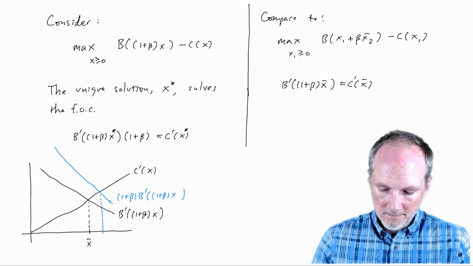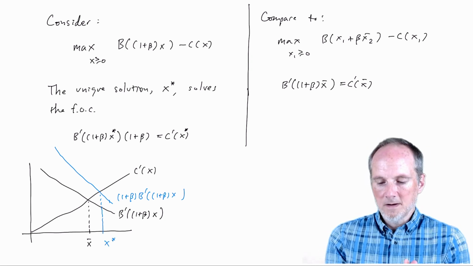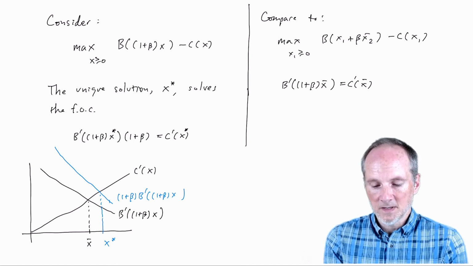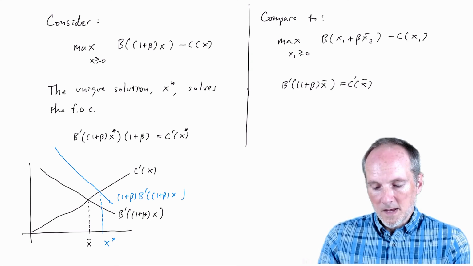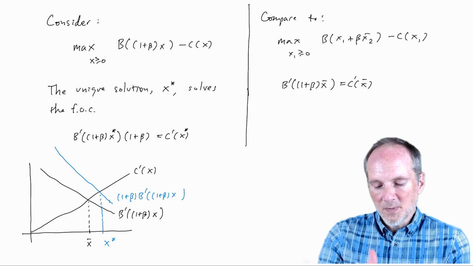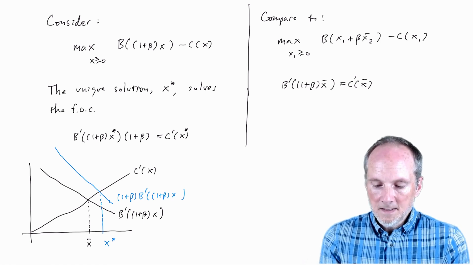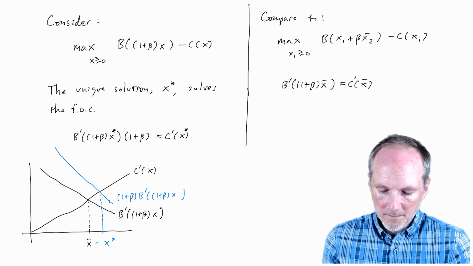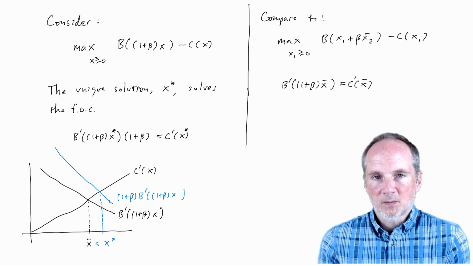And you can just see geometrically that when we increase the marginal benefit function by this factor of 1 plus beta, it's going to shift up the marginal benefit function. And then that intersection is going to have to move to the right. Okay, so x star is strictly bigger than x bar.